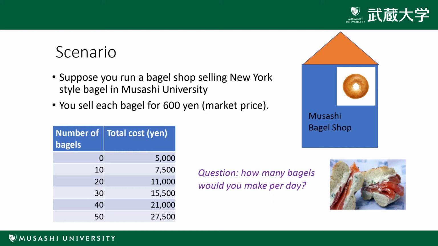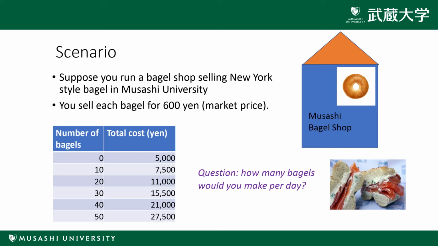And so suppose it's hard to find that kind of food in Japan. So suppose you are going to run a bagel shop in Musashi University. And so there's a picture of that bagel. And then let's suppose you are going to sell each bagel for 600 yen per bagel.